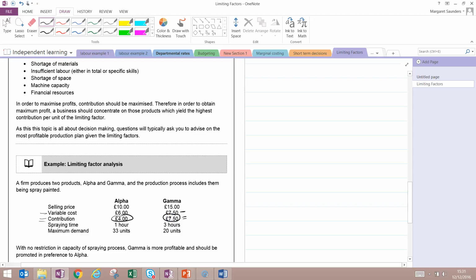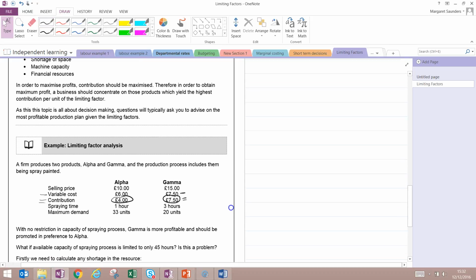So we can immediately see the gamma makes a much greater contribution than the alpha, and therefore if there were no restrictions, no limiting factors, if we wanted to maximise our profits, we would maximise our contributions and concentrate on the gamma rather than the alpha.